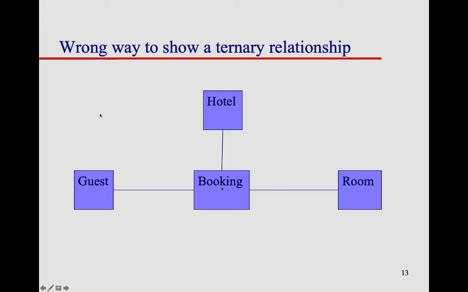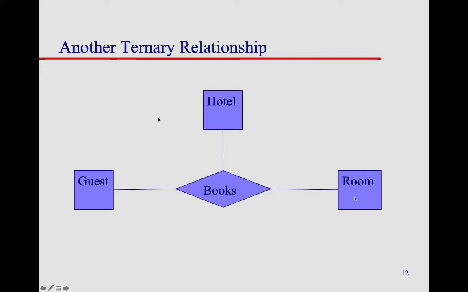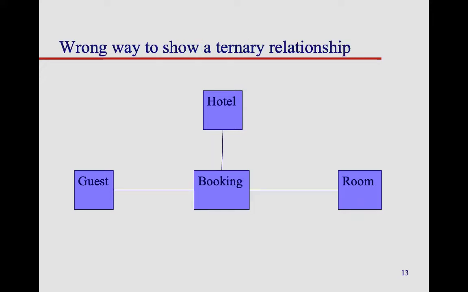This makes it look like booking is an entity that has 3 two-way relationships with guest, hotel, and room, and that is wrong. In fact, a guest books a room at a hotel. It is a relationship. So that's, like I said, the biggest issue you're going to have, is a lot of times you're going to try to write or draw a relationship as an entity when it's not.